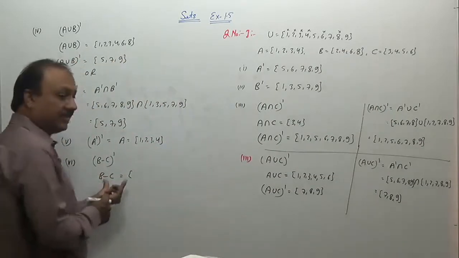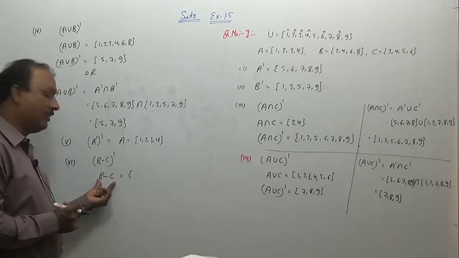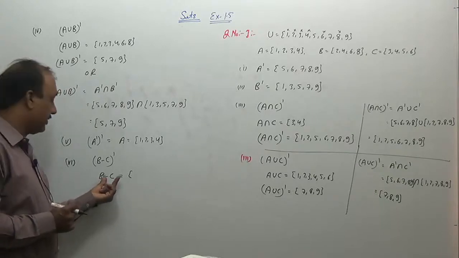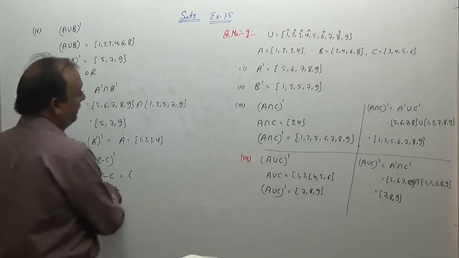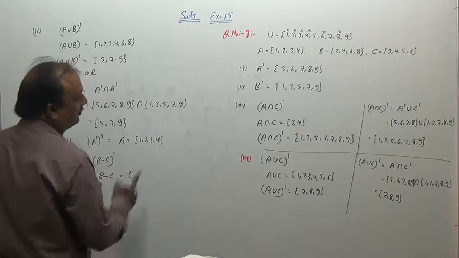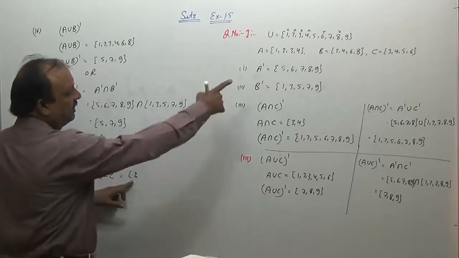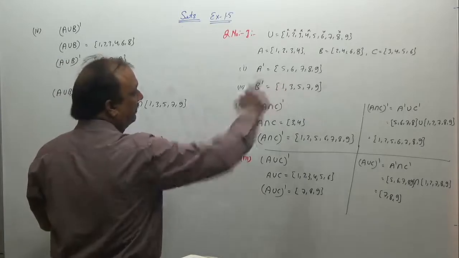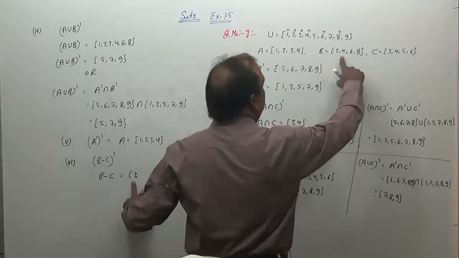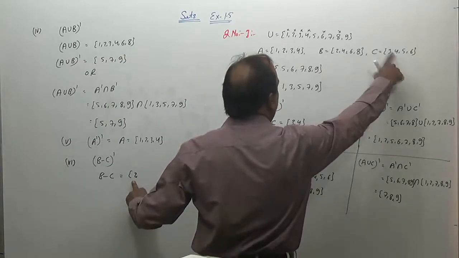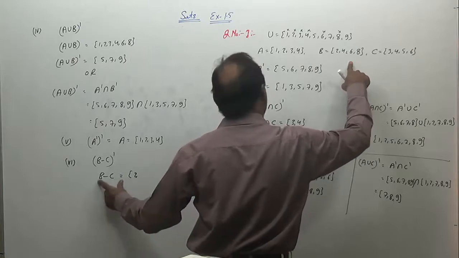So B minus C means the elements of set B which are not in C. 2 is a member of set B and not a member of set C. But next is 4. 4 is a member of set B as well as of set C, so we cannot take 4 as an element of B minus C.